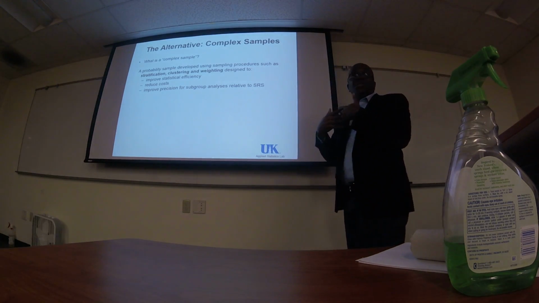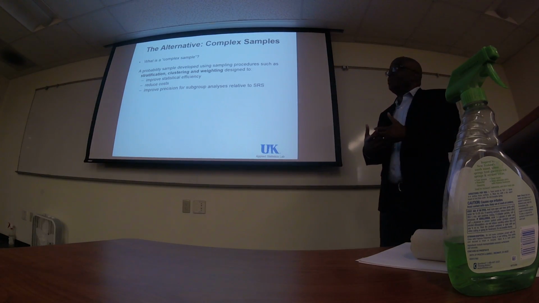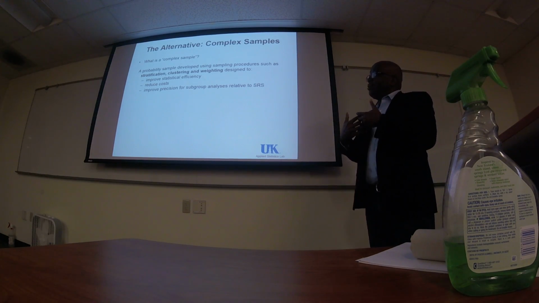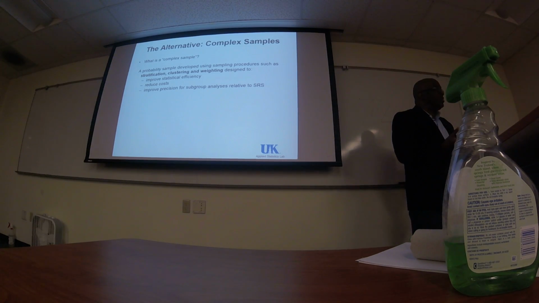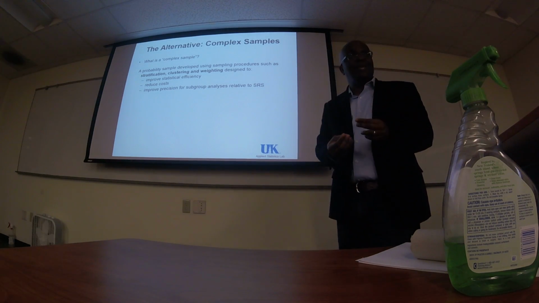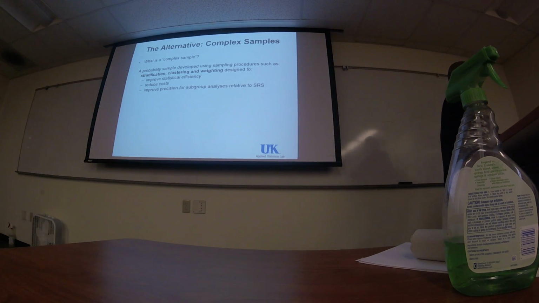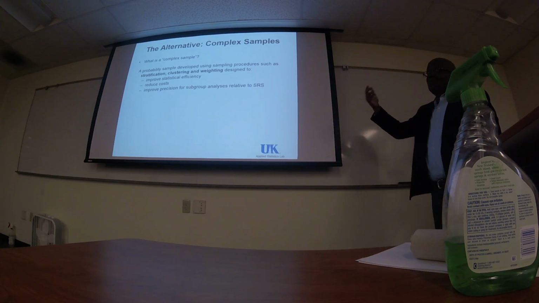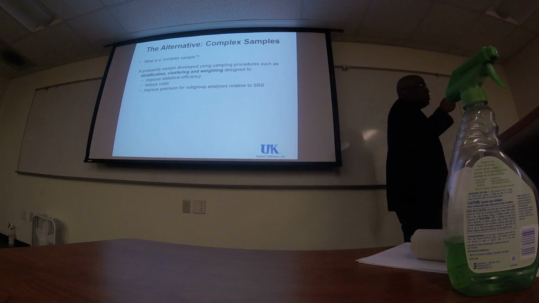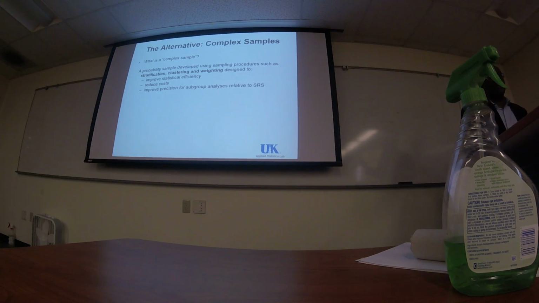We will use these three elements that I mentioned: stratification, clustering, and weighting. They will help us improve the efficiency and the precision of the estimate, and reduce costs. And I will also be able to do subgroup analysis.